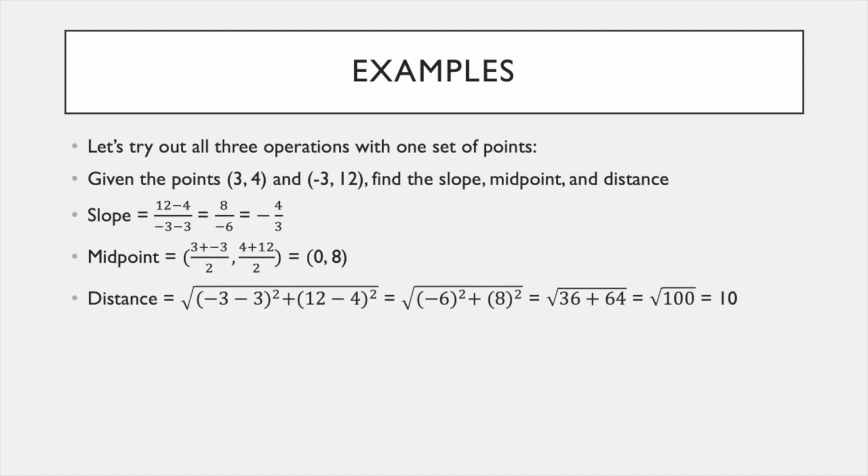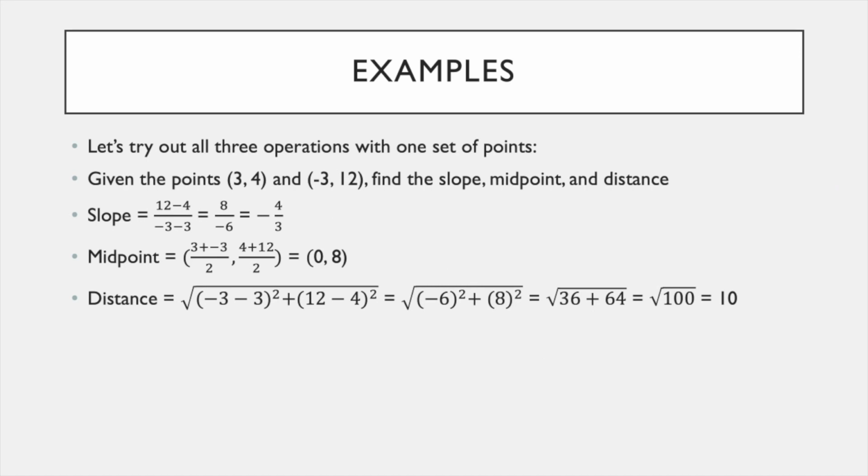Distance. So again, giant square root to start out with, and then inside the square root we've got two sets of parentheses. For the first set of parentheses, we're going to do x2 minus x1, so negative 3 minus 3, and whatever that is squared, plus y2 minus y1, so 12 minus 4, whatever that is squared. So negative 3 minus 3 is negative 6, and then we're going to square that.